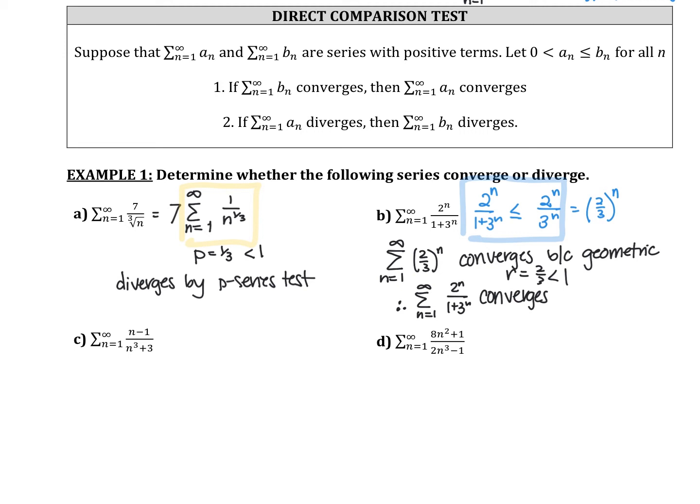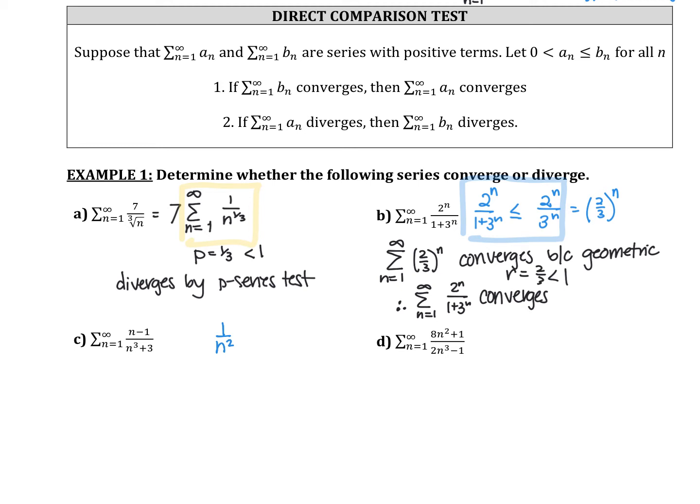Now I know there's a -1 and I know there's a +3, but in the grand picture of all of this, the result of this is going to be something with 1 over n squared. So what I'm going to do is I'm going to compare this to 1 over n squared. Now, why would I choose something so simple? I choose this because I know whether this converges or diverges. I can use the p-series on this to determine convergence or divergence.